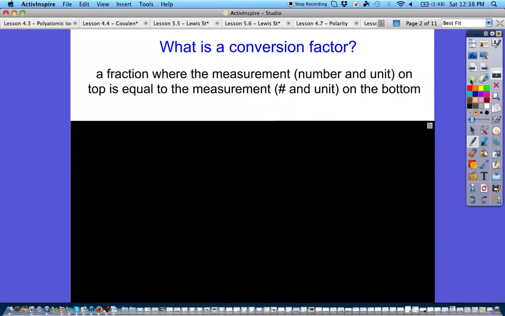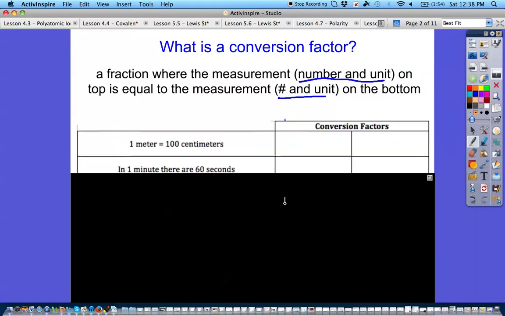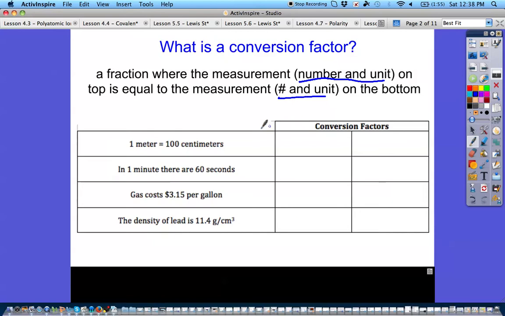So to start off with, what is a conversion factor? A conversion factor is a fraction where the measurement, the number and the unit on the top, is equal to the number and the unit on the bottom. So we have some conversion factors here. 1 meter equals 100 centimeters.